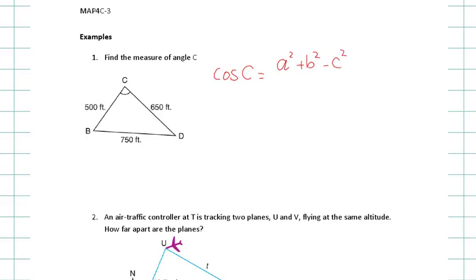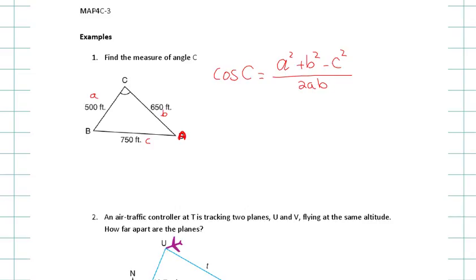Let's go back to labeling our sides. In this case, I'm going to rename this as A just to make it easier because we've already used the letters. So that's A, that's B, that's C. It's okay to rename the letters if that makes it easier for you, as long as you rename them and then use them properly.